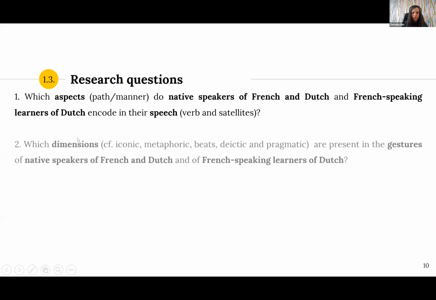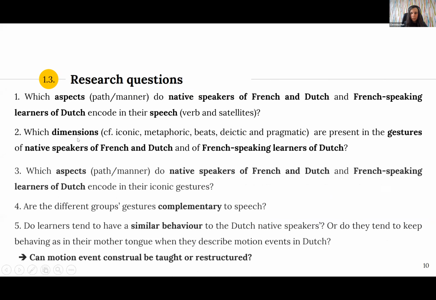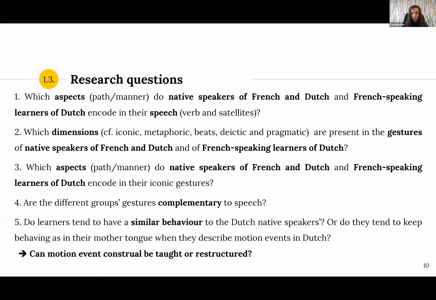So the purpose of my research was to determine which aspects are mentioned in speech, so in the verb and the satellites, in the different languages, French and Dutch, but also in Dutch as a second language. Then to determine the dimensions present in the co-speech gestures used by the participants to describe these events, and then the aspects present in the iconic gestures, so whether they express path or manner, sometimes both.